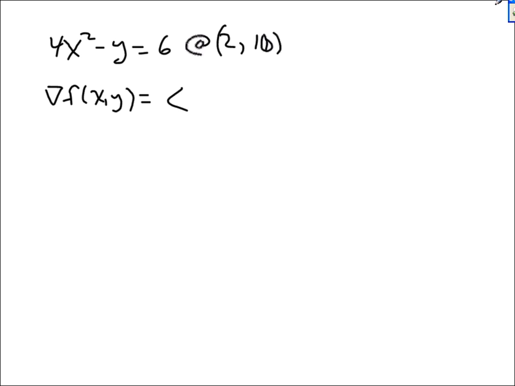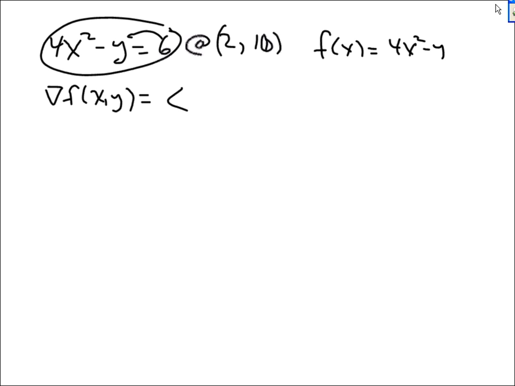So what you should first do is define f of x, y. Set your equation equal to 0. Bring the 6 over. f of x, y is 4x squared minus y minus 6 equals 0. Okay, so the partial with respect to x will be 8x.